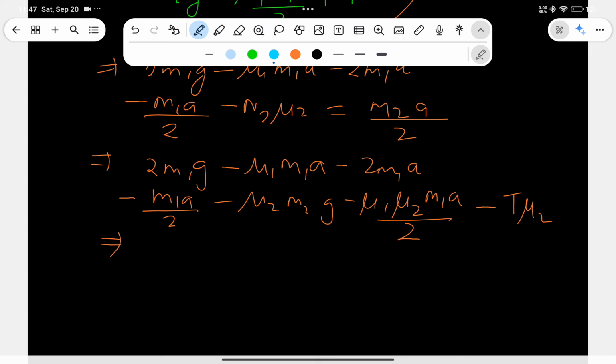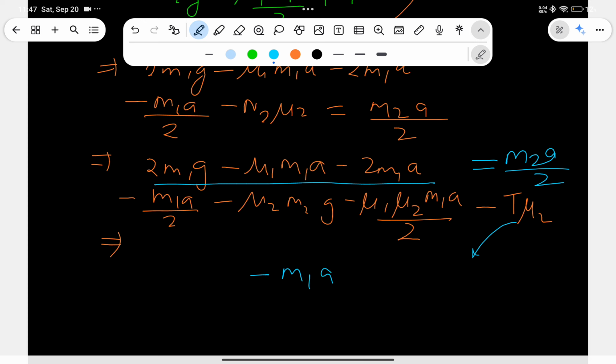Now see, we are simply going to replace, see, it is equal to m2 by 2, right? And we are just simply going to replace tension minus, say, this multiplied by 1 by 2, okay, because we have to write t, not 2t, right? So it will be, and minus sign is also there, m1g plus, okay, mu2 is also there, guys.